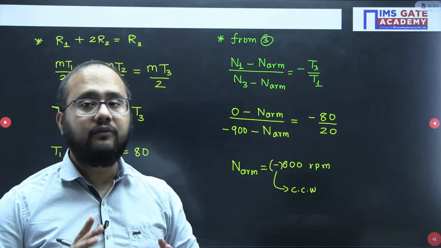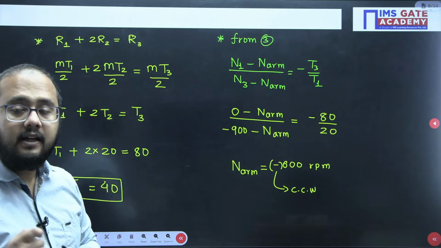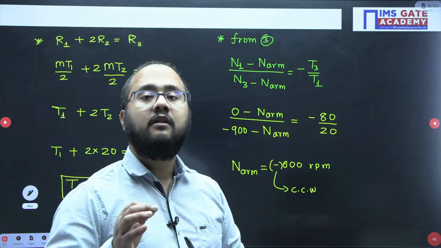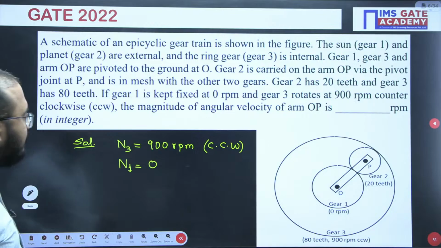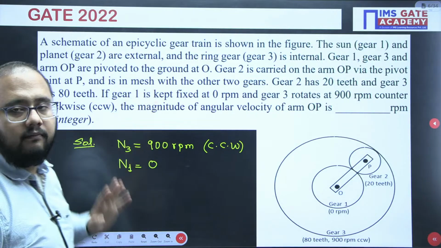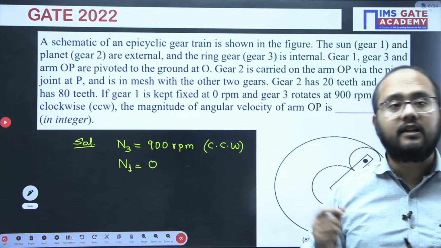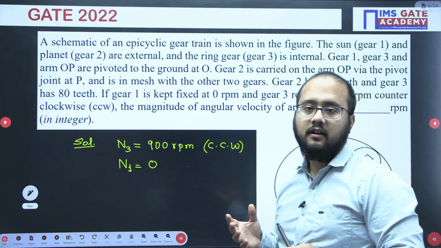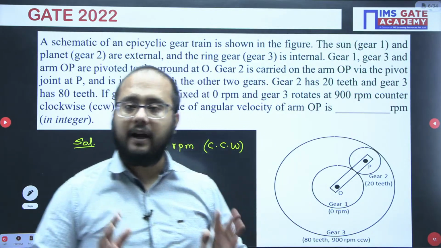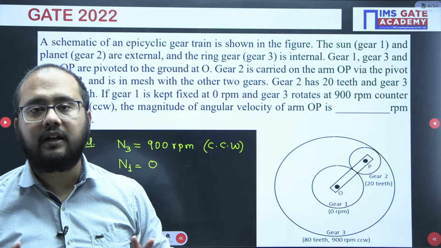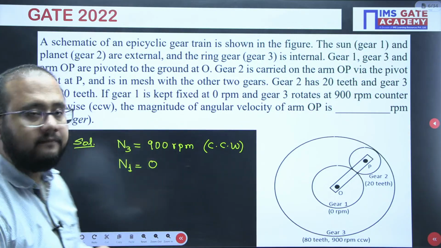So negative means counterclockwise. If it comes positive, it means clockwise. But in the question, they have written magnitude only. So by mistake, if you put the negative sign also, then you will get 0 marks, because they are asking for the magnitude, not the sign. So the magnitude we are getting is 600. I hope it is clear to everyone, right?